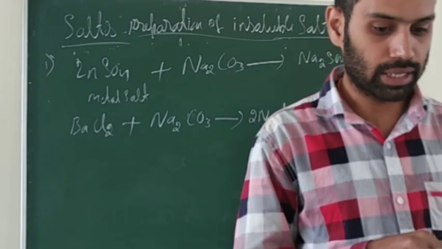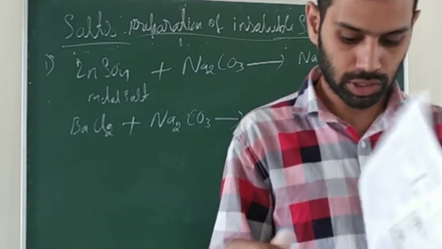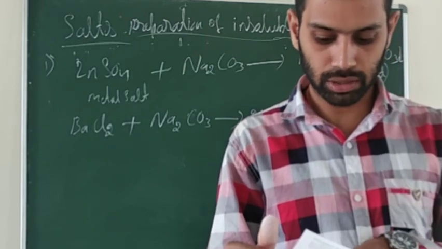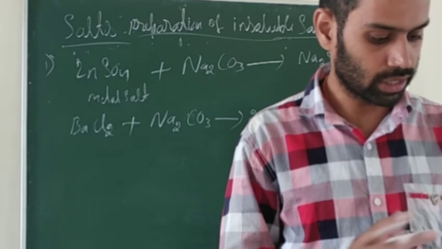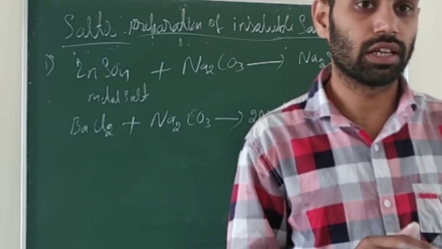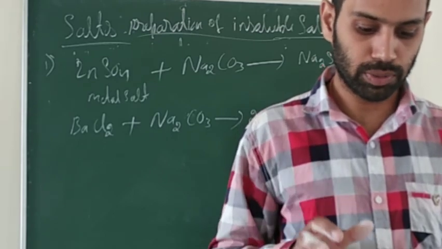It is a practical method, not theoretical, for the preparation of salts. They gave some preparations: iron chloride, zinc sulfate and iron sulfate. Many salts they gave. You can go through your textbook and read it once.